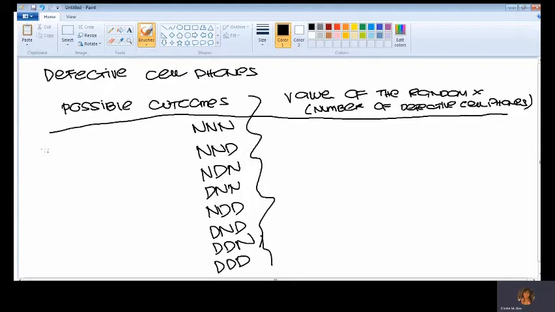So we want to find out the number of defective cell phones that occur. And to each outcome in the sample space, we shall assign a value. These are 0, 1, 2, 3. If there is no defective cell phone, we assign the number 0. Okay, let's put it here.